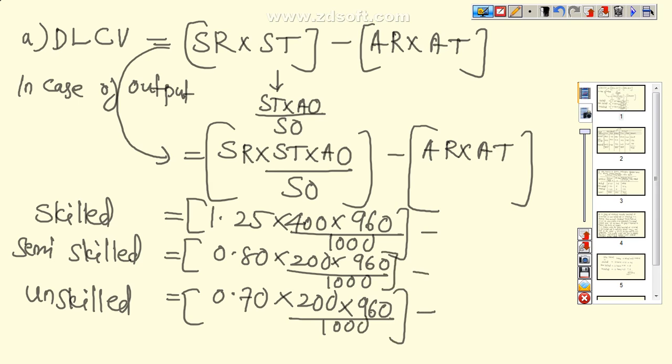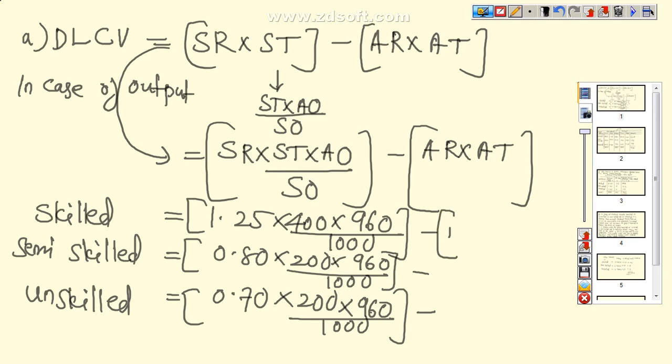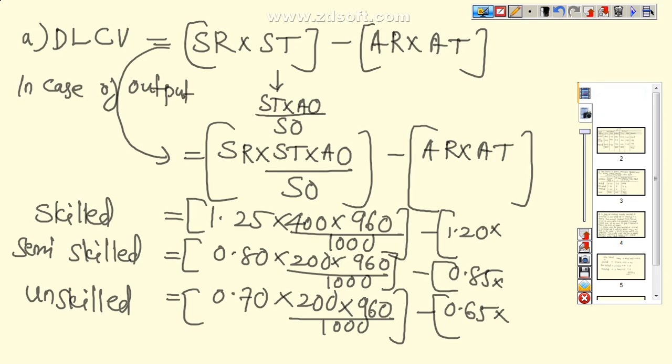Minus actual rate. According to the question, actual rate is 1.20, 0.85 and 0.65. So here we write 1.20, 0.85, 0.65 multiplied by actual time, which is given in the question: 520, 160 and 120. So we close this bracket and calculate the answers.